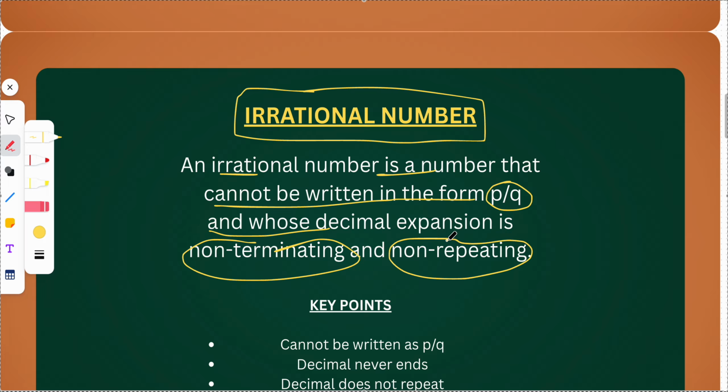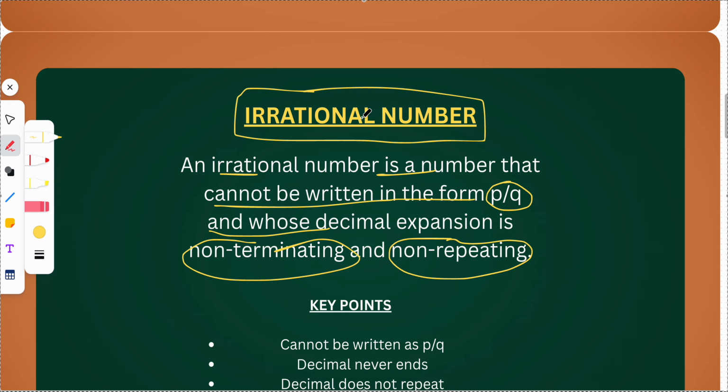So if I ask you a general question like what is an irrational number, your first thought will be that irrational numbers are the opposite of rational numbers, and that is the correct thing. Basically, irrational numbers are the opposite of rational numbers.